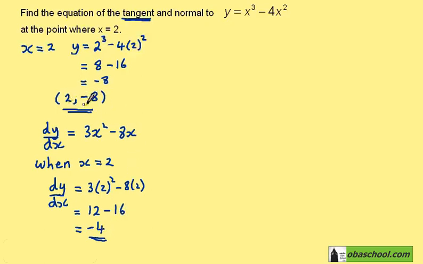We have the point and we have the gradient of the tangent, so we can now work out the equation of the tangent. We know this is a straight line, so will be of the form y equals mx plus c.